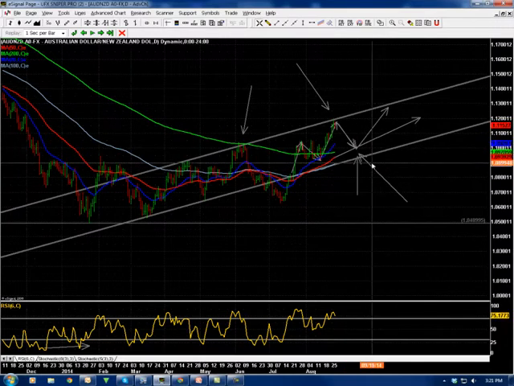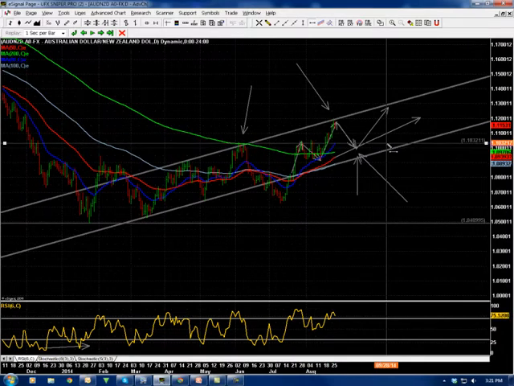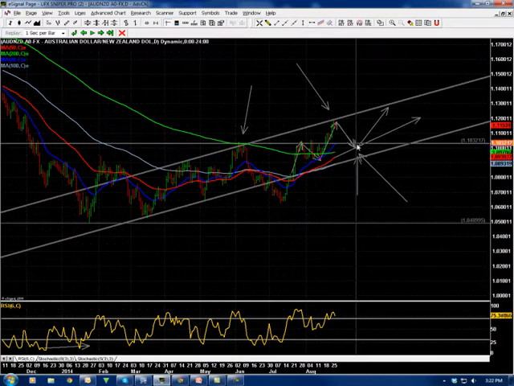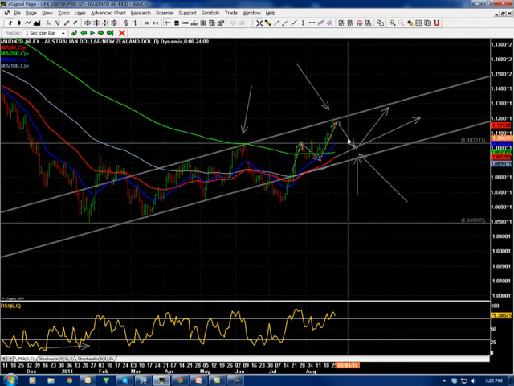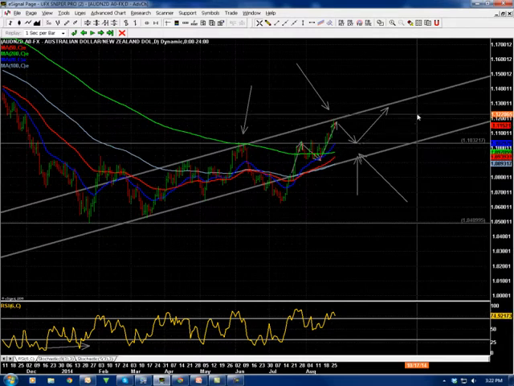So then you can also put some horizontal lines as well. So it'll be a bit like that.